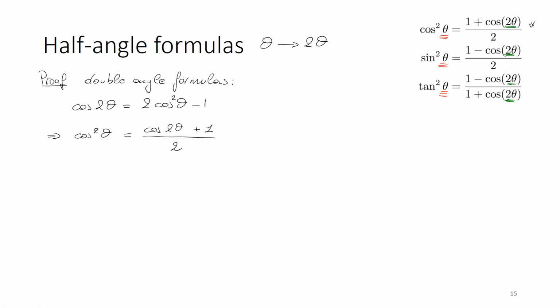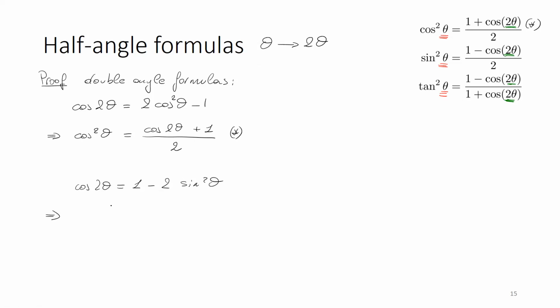So that's precisely the first formula that I have on the blackboard here. And then I can also start from the other double angle formula, the one that said that cosine 2 theta is 1 minus 2 sine squared theta.